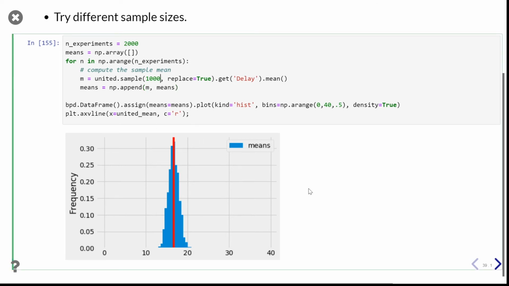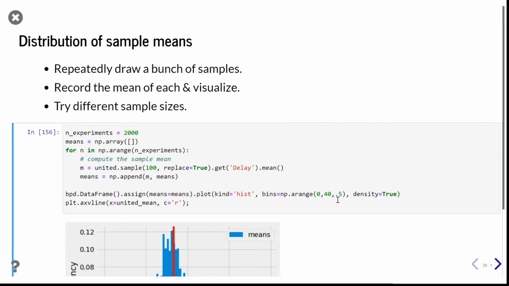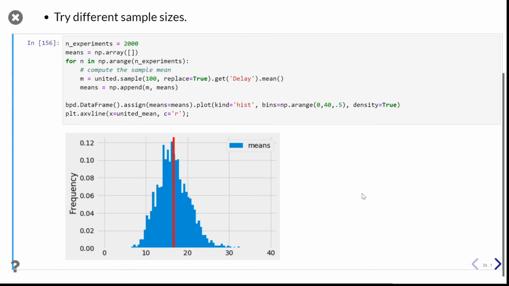Let's change the sample size. Remember, I did this sample of 1,000 flights, and I did that 2,000 times. Let's decrease the sample size. Suppose now I only selected 100 flights. What do you think would happen to this distribution? What do you think would happen to this histogram? Take a guess. I'm going to run it right now. And here's what you see.